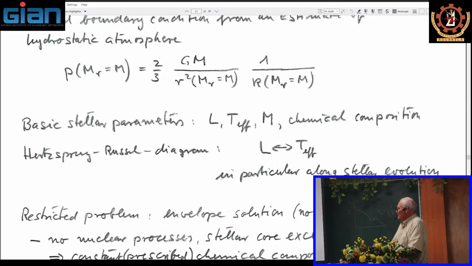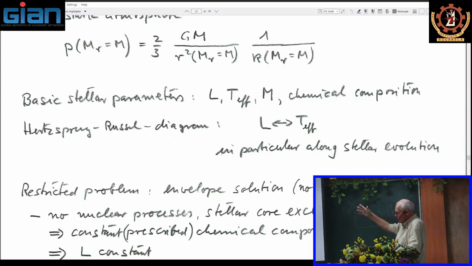For pulsation problems, we can proceed either by going through stellar evolution and then selecting one model determined in the numerical way, and considering its stability.